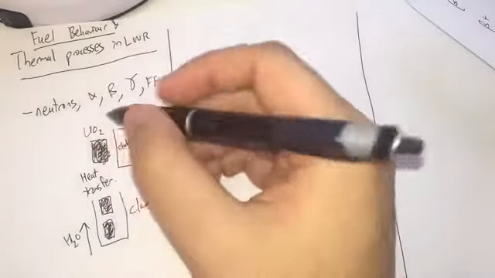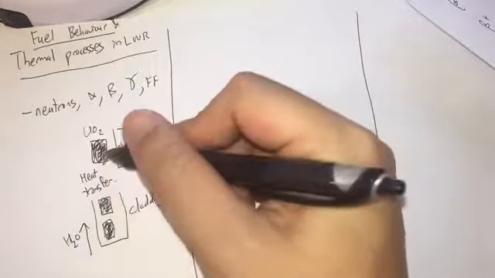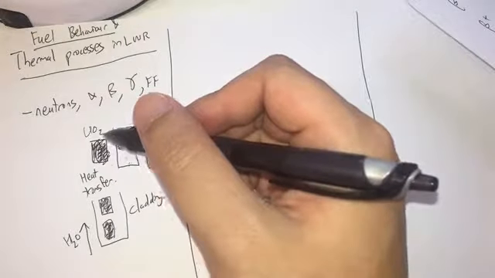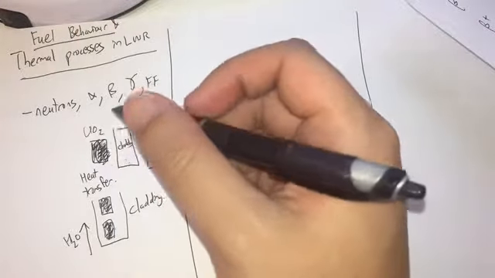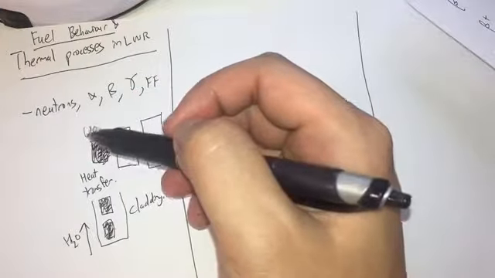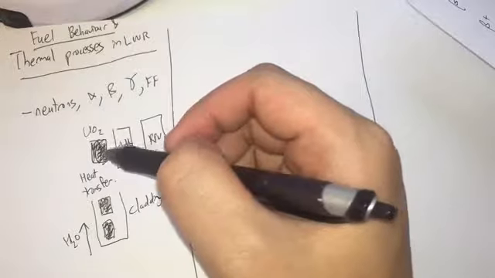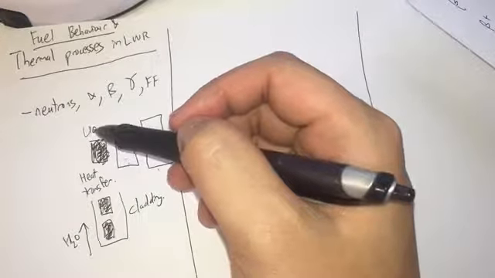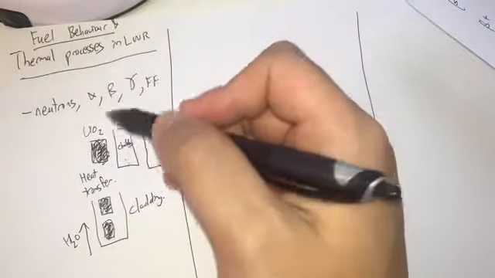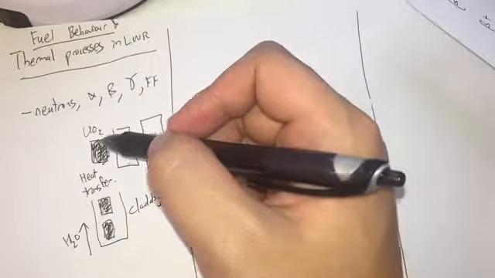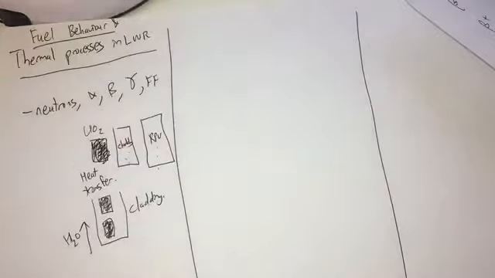Well, for one, we can make the fuel metallic in nature, since metals actually conduct heat pretty well. However, that's not used for light water reactors, so uranium oxide is used. I won't discuss the reasons in depth, though there are actually reactors making use of metallic fuels or molten salt in some other cases.